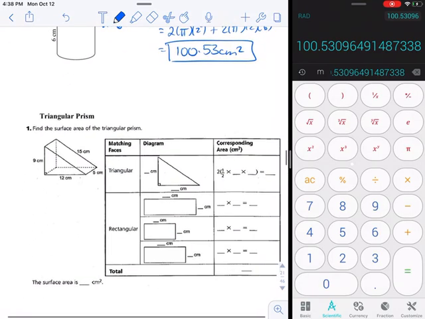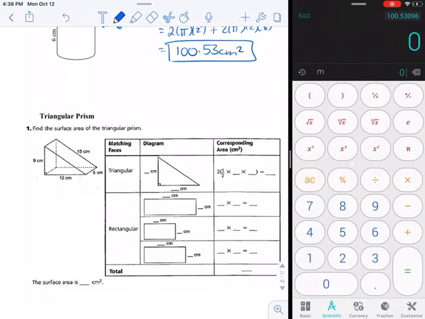All right, on to the triangular prism. So we have this front face and the back face, which are going to be the same. Okay, so we have two triangles that are 9 by 12. So if we use base times height divided by 2 as the surface area of a triangle, let's take that into account.